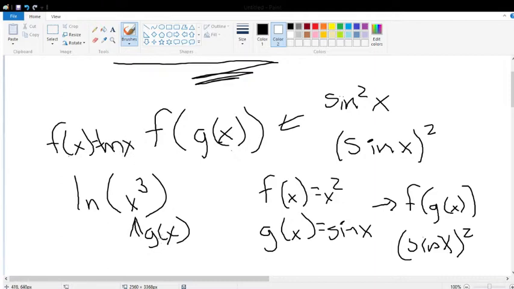So if you put g of x inside f of x, or you put x cubed inside natural log of x wherever there's an x, you get natural log of x cubed. And this is another case where you would use the chain rule. So yeah, that's about it. I'm going to do an example now. Okay.